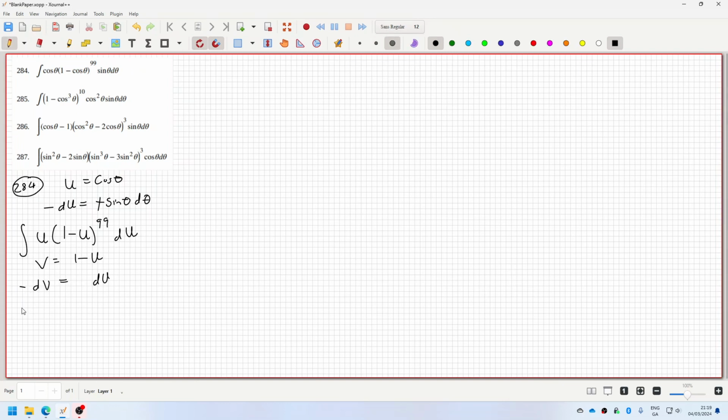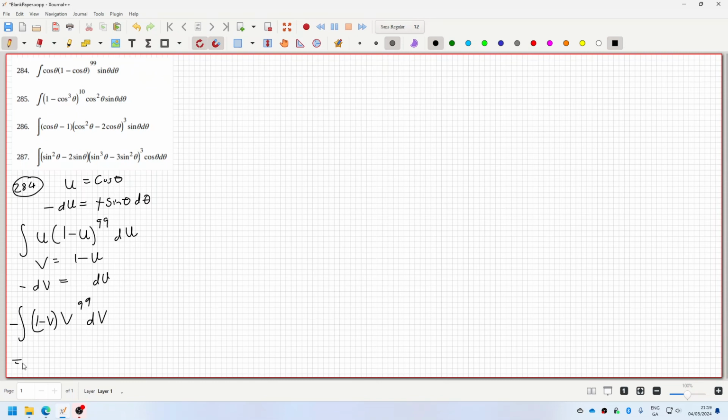So now the integration becomes, and the u is actually 1 minus v times v power 99, and then du is minus dv.